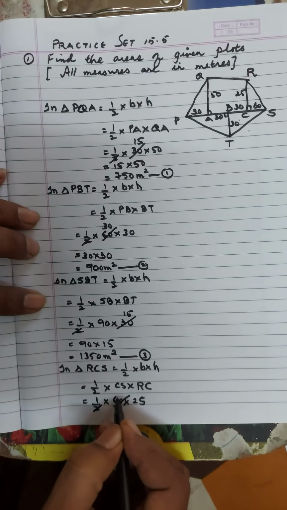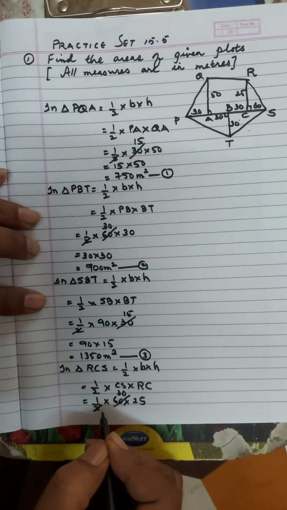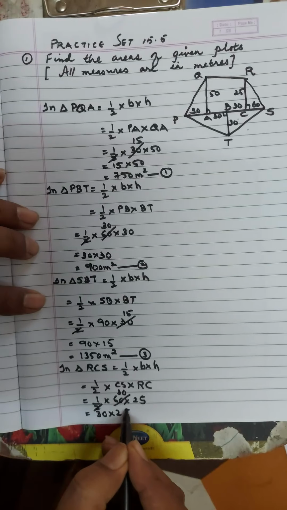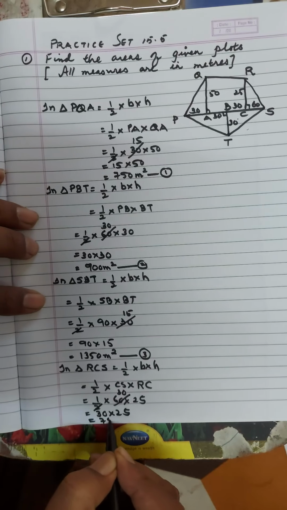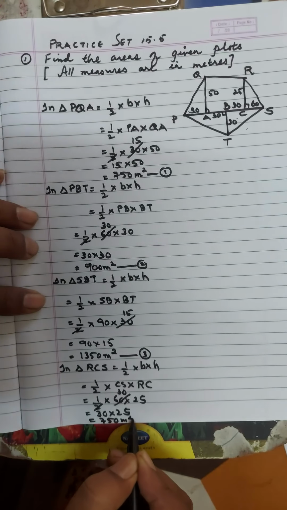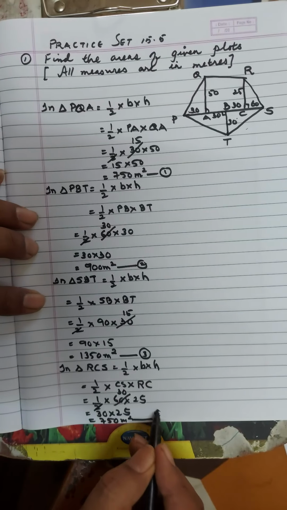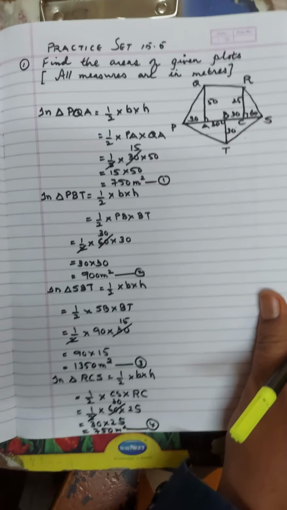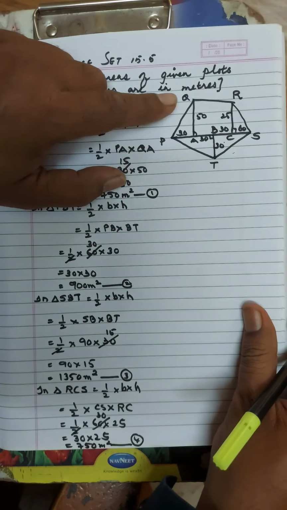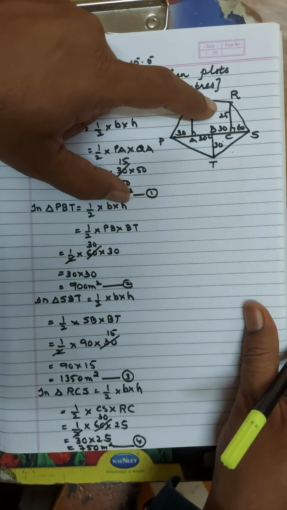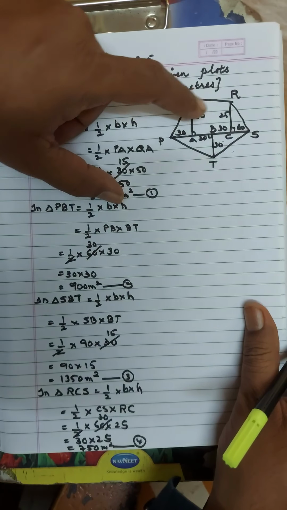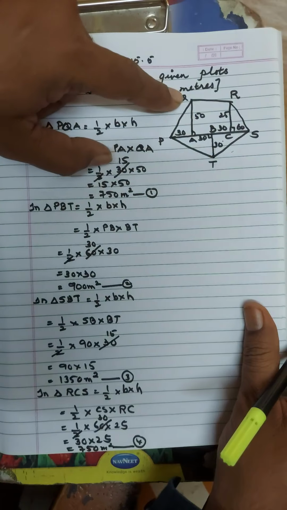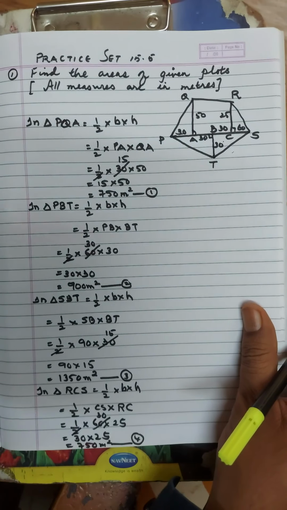Dividing 60 by 2 gives 30, so 30 into 25 gives 750 meter square, equation number 4. So all four answers we got. Now we need to take out the quadrilateral QRCA. One more area is left. We'll add all these values to get the area of the plot.